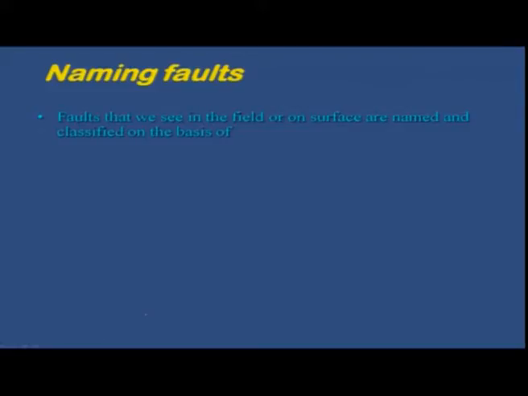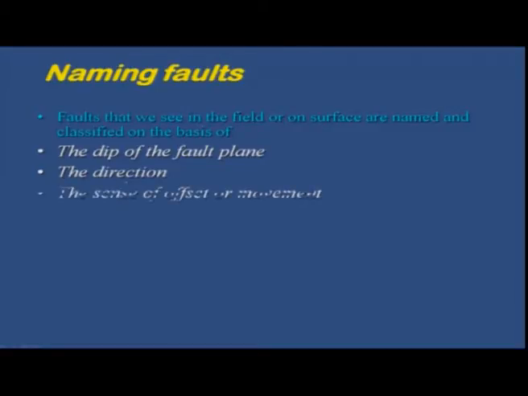Now, naming faults: what we see in the field or on the surface are named and classified on the basis of, one, the dip of the fault plane. That is, one is the amount of dip, and another is the direction of dip, in which direction the fault plane is dipping.